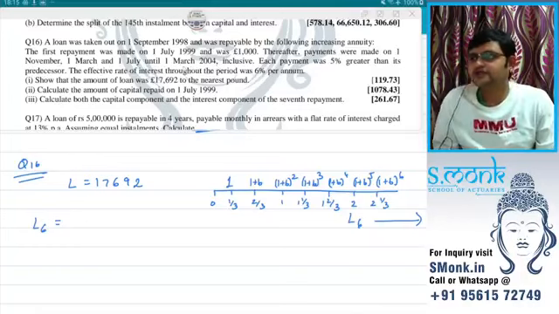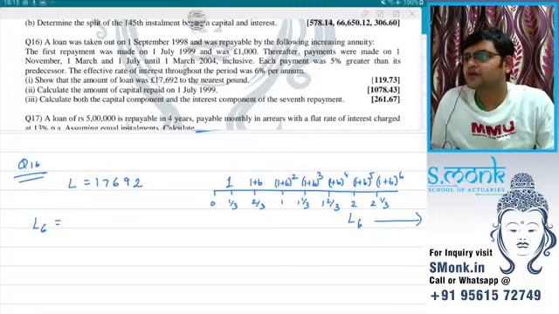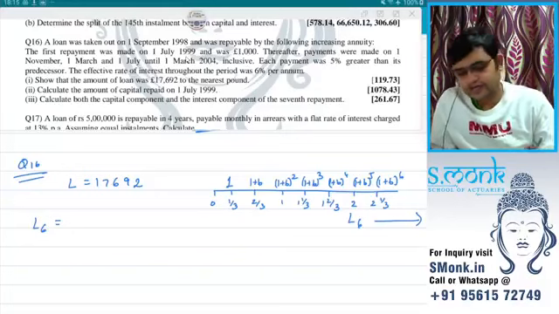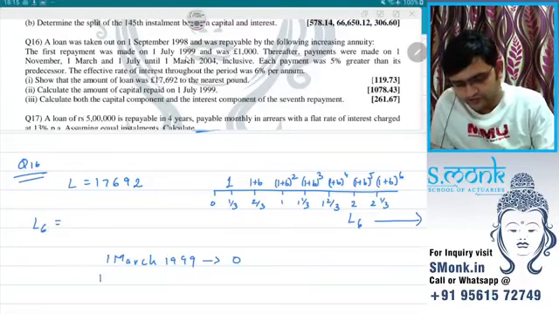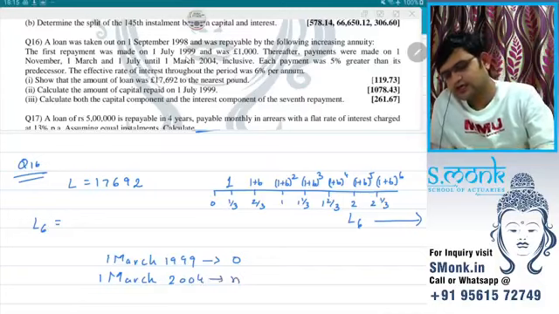So if we take our zero as 1st March 1999, and 1st March 2004 is our n, how many years are we talking about?